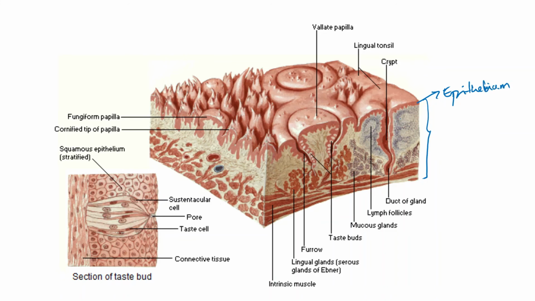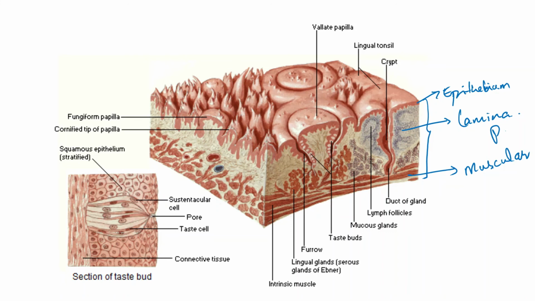Deep to the epithelium lies the lamina propria, containing the serous and mucous glands, along with the lymphatic follicles, which are seen only along the posterior one-third or the base, making up the lingual tonsil. The bottommost is the muscular layer of the tongue. So, this is about the structure of the tongue.